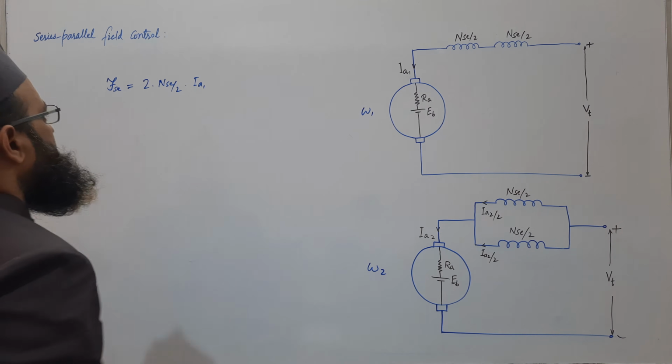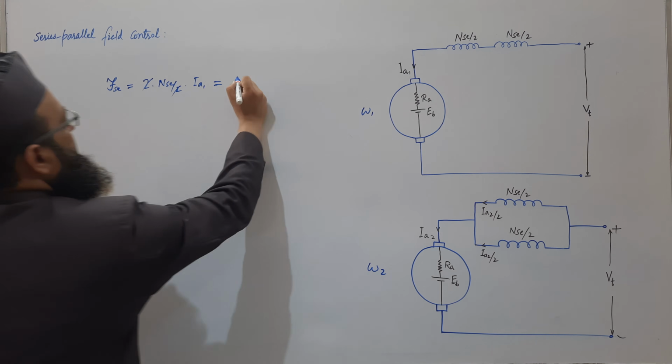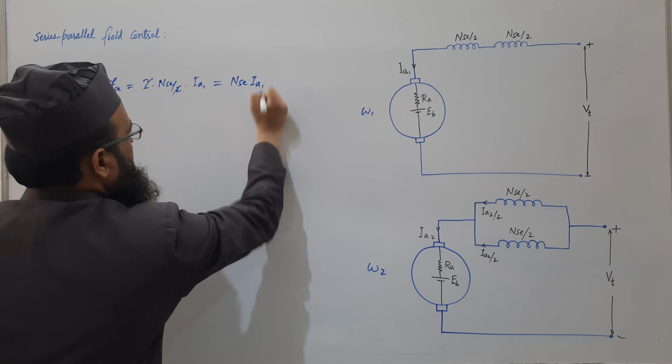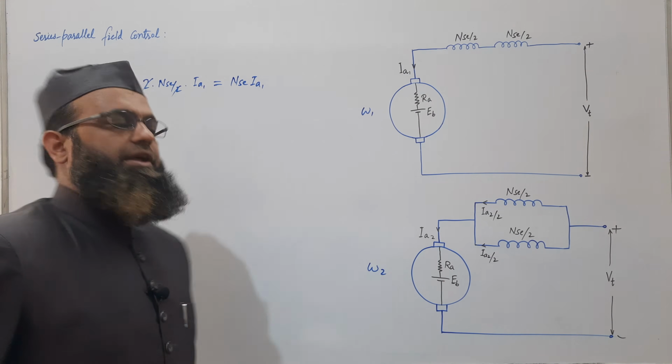So the 2 will get cancelled, and this will be equal to NSE IA1, where NSE is the total number of turns in the series field winding. Fine.